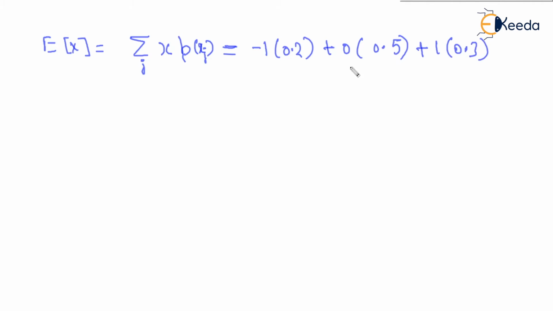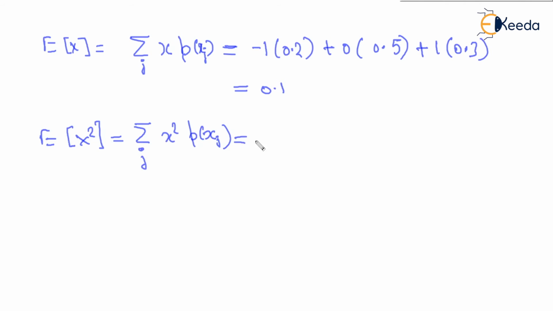Obviously there is no meaning in the zero term, but still. So this is minus 0.2 plus 0.3, equal to 0.1.